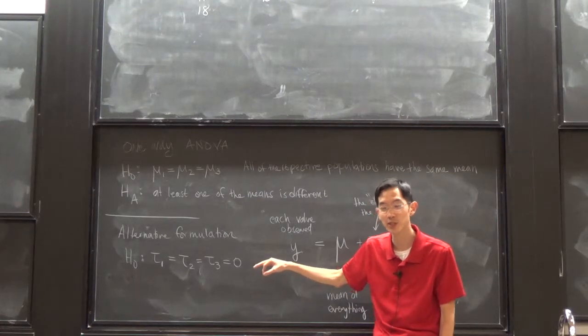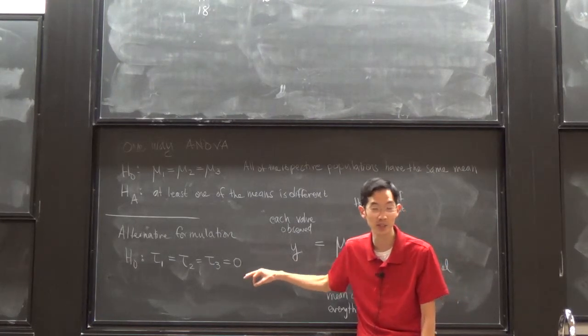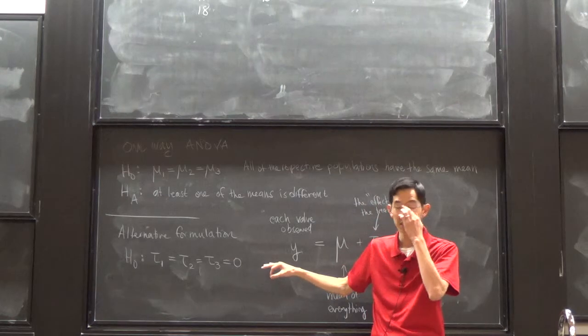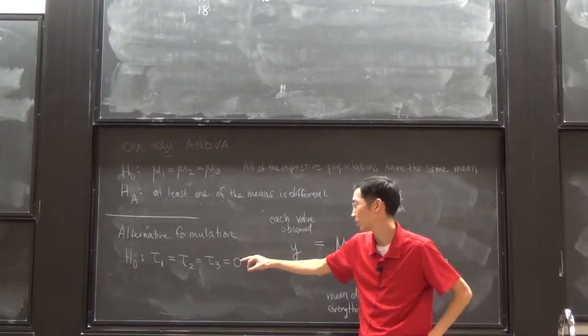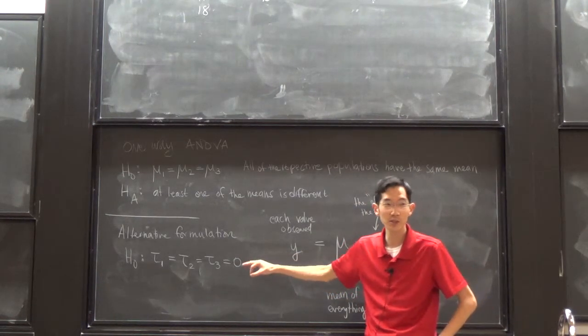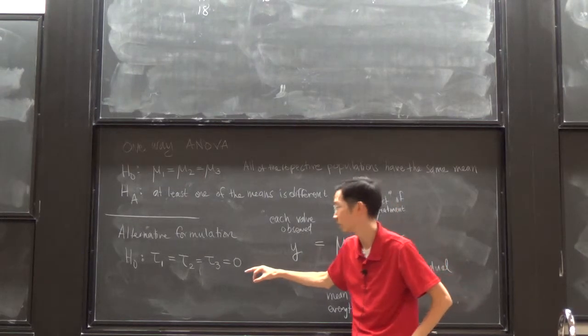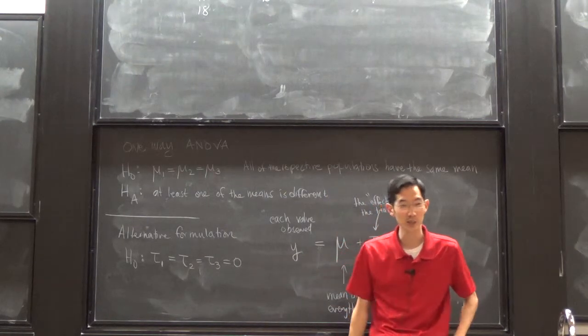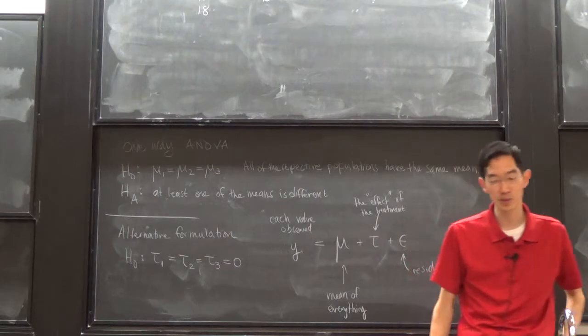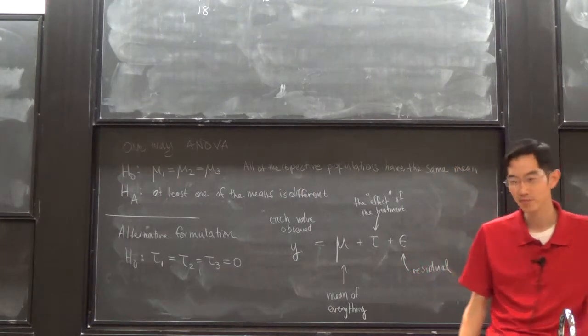But the alternate formulation works for one-way ANOVA just as well. Okay, so here we're saying that there's essentially no difference of being in group 1 as there is to being in group 2 or being in group 3, okay?